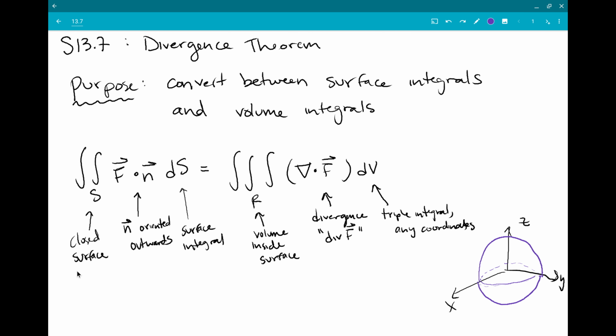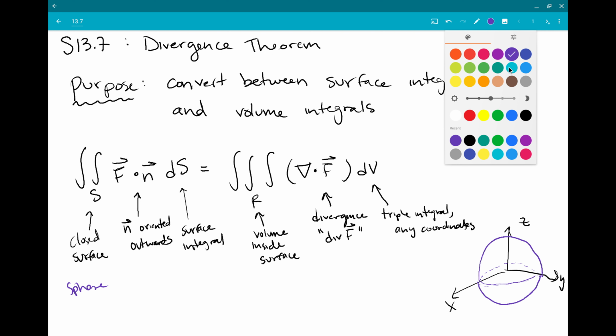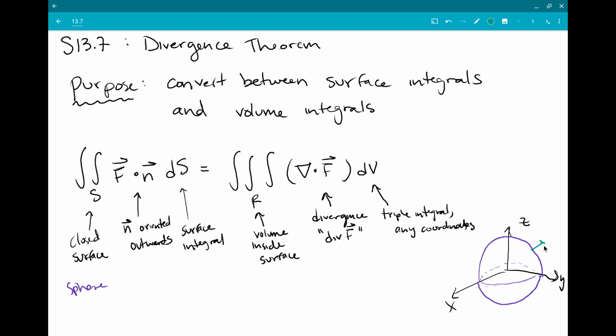I'll just write sphere. There. Oriented outwards means that the normal vectors have to point out of the surface. This would be oriented inwards if the arrows point towards the inside of the sphere.